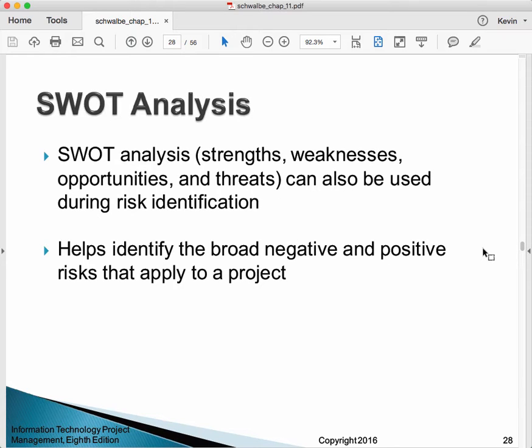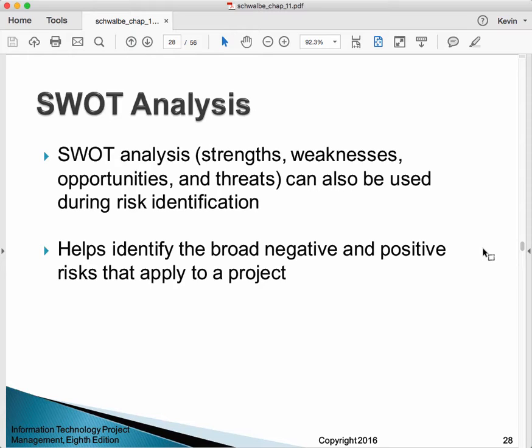SWOT analysis we talked about way back when we were talking about project selection. SWOT analysis is the standard management consulting approach to strategic planning. And SWOT, if you recall, stands for strengths, weaknesses, opportunities, and threats.